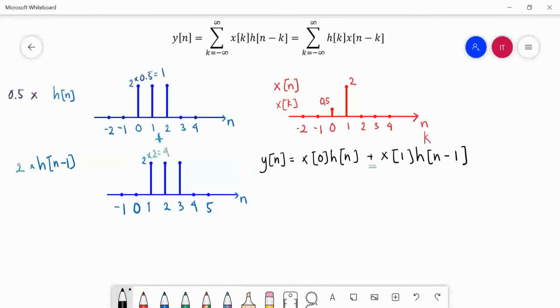What we have here, maybe I do it in green. We do it point by point. For example, if n is minus 2, it is 0 plus 0. If n is minus 1, 0 plus 0. If n is 0, then this is 1.